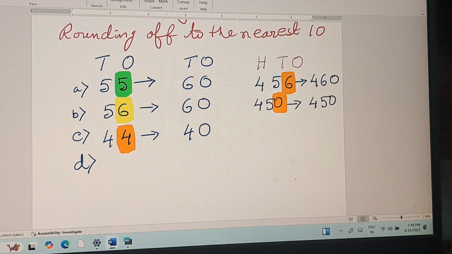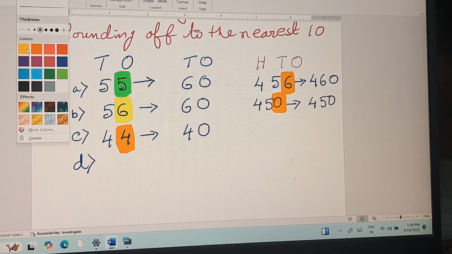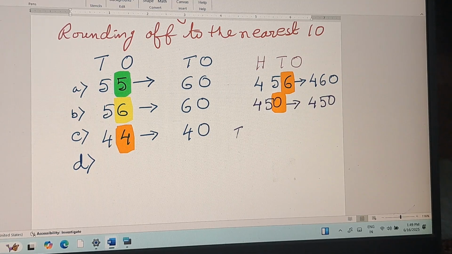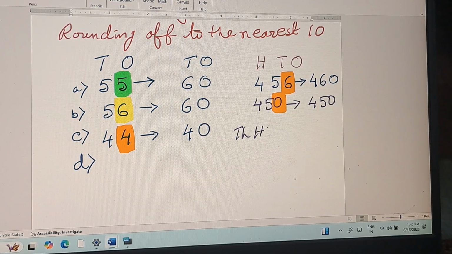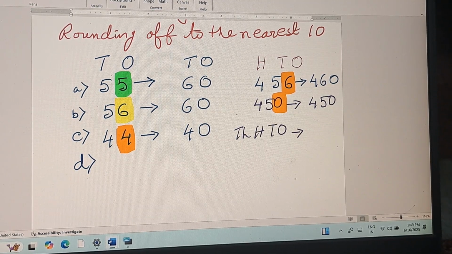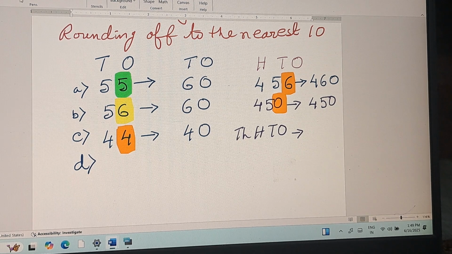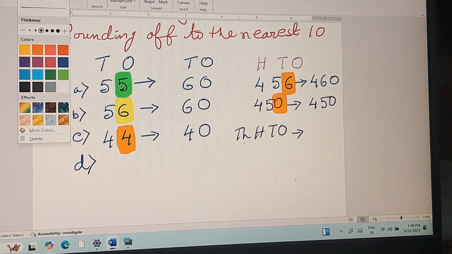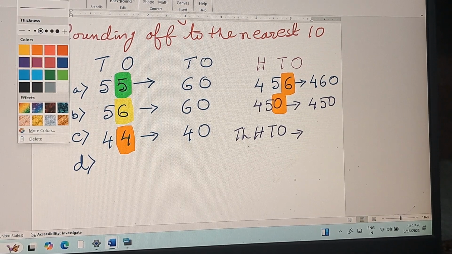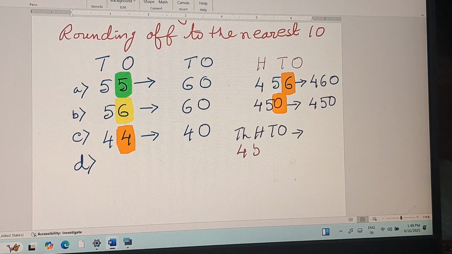Now let us take an example with a 4-digit number. So 4-digit number, if I take one example like 4572.